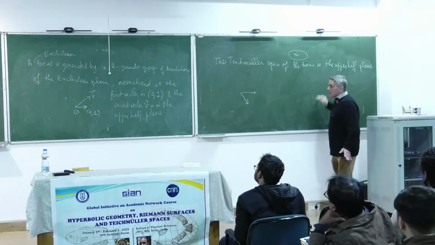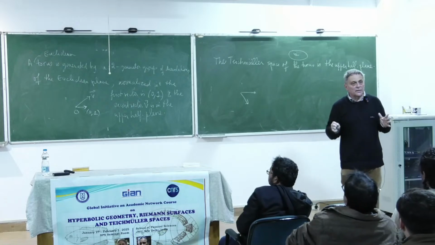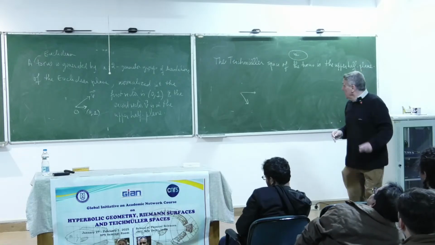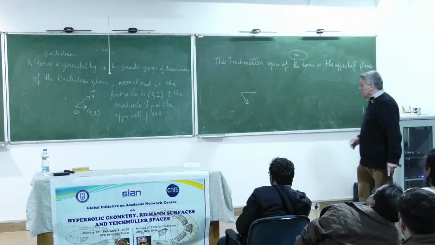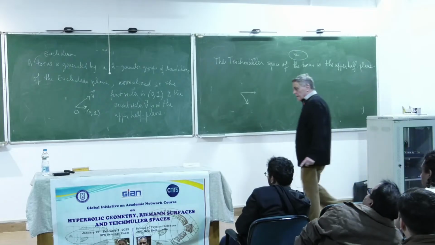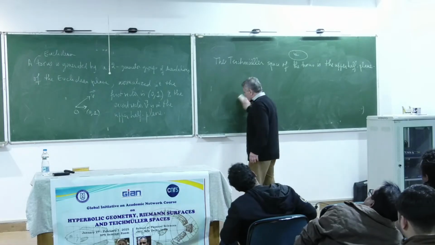It's a half plane, so it's two-dimensional. The Teichmüller space of the torus is two-dimensional. This is the important thing we know now. But the fact that it's the upper half plane is important for something which I didn't tell you.